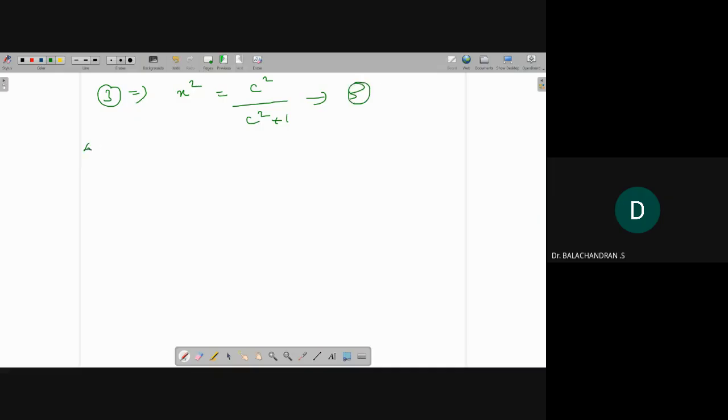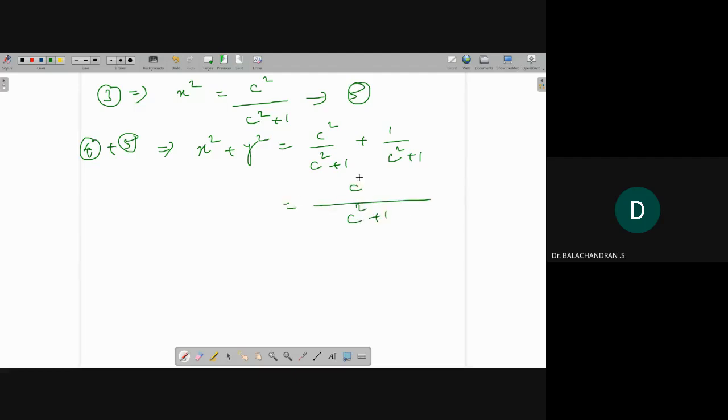So 4 plus 5 will give you x square plus y square equal to c square by c square plus 1 plus 1 by c square plus 1, which is equal to c square plus 1 by c square plus 1. So you get 1, the equation of the circle centered at the origin. So x square plus y square equal to 1, which is the singular solution of the given problem.